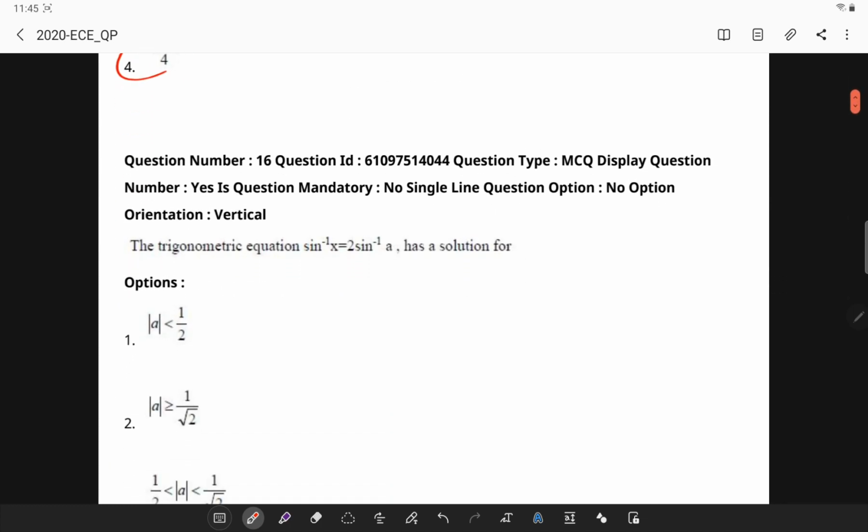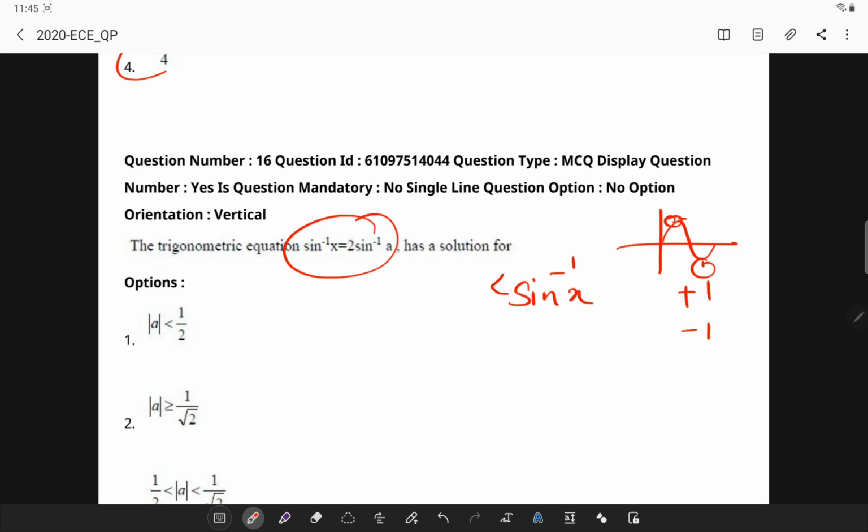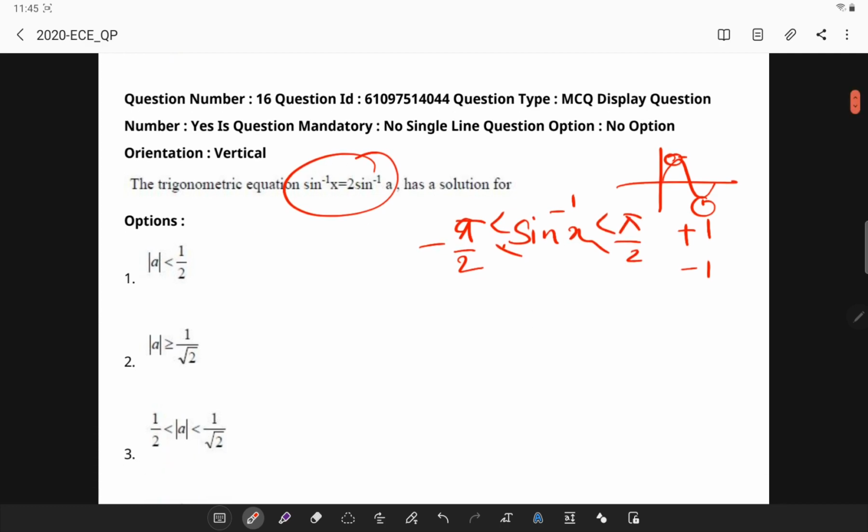Now let's go to the next question. Sin inverse x is equal to 2 sin inverse a. Generally, if you see the sine wave, its value varies from plus 1 to minus 1. So similarly, sin inverse x will have a boundary of minus pi by 2 to pi by 2. However, here it is given sin inverse x is 2 sin inverse a, so I will substitute it: minus pi by 2 less than or equal to 2 sin inverse a less than or equal to pi by 2.